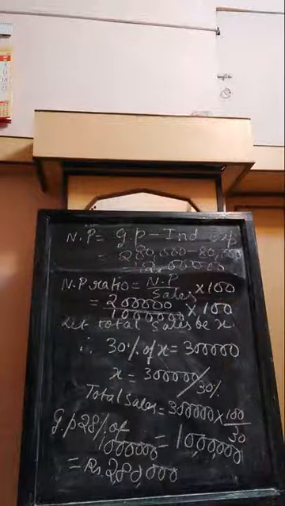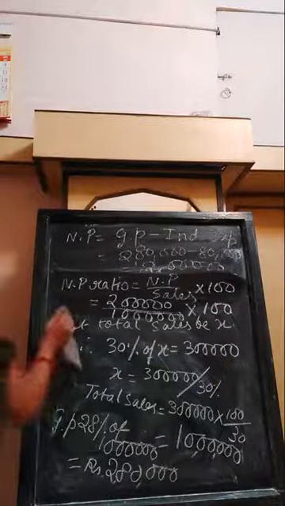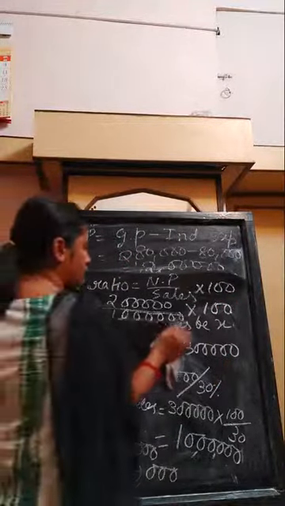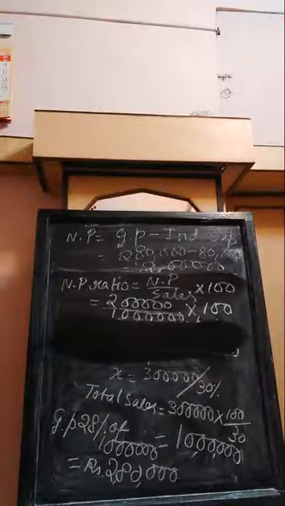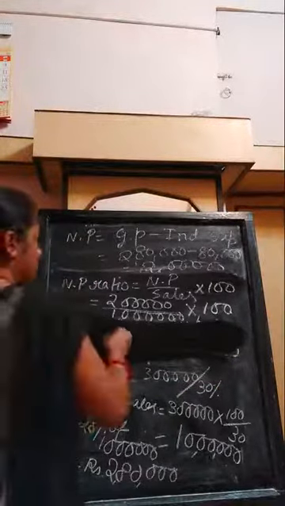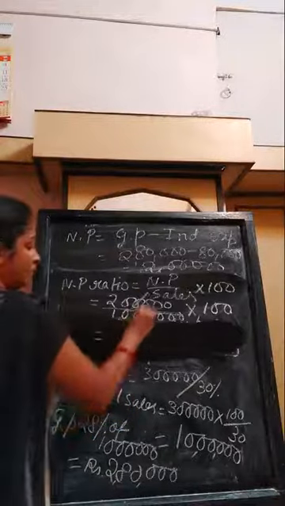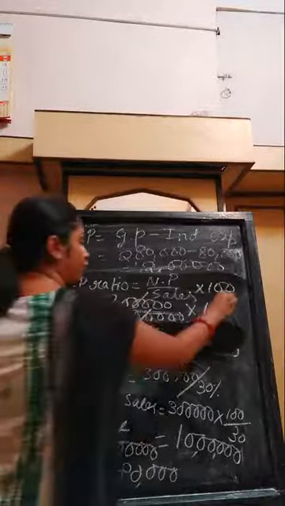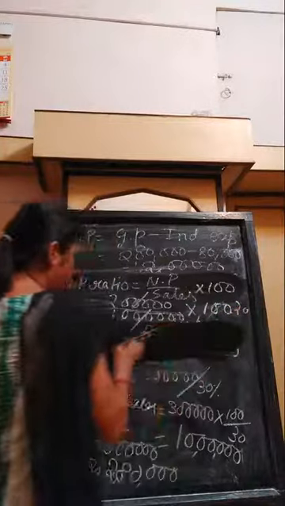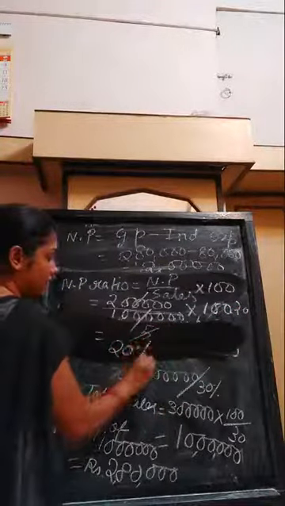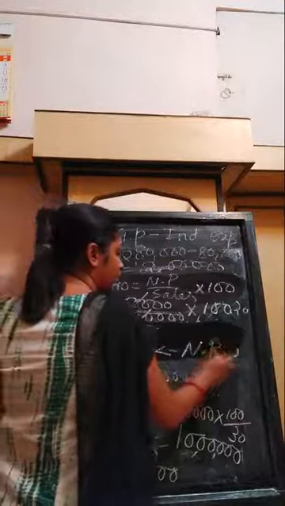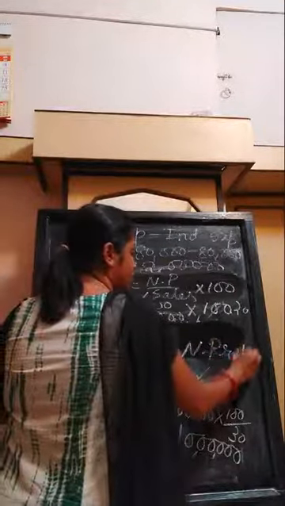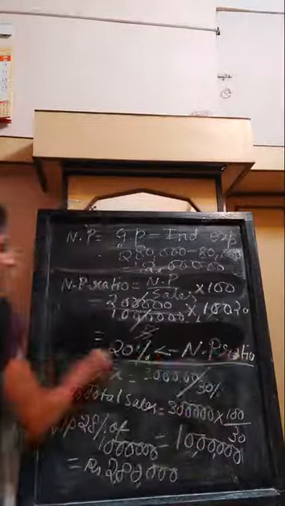I am rubbing the sum. 2 lakh divided by 10 lakh into 100 is again 5 and 5, 20. So 20% is coming as NP ratio.